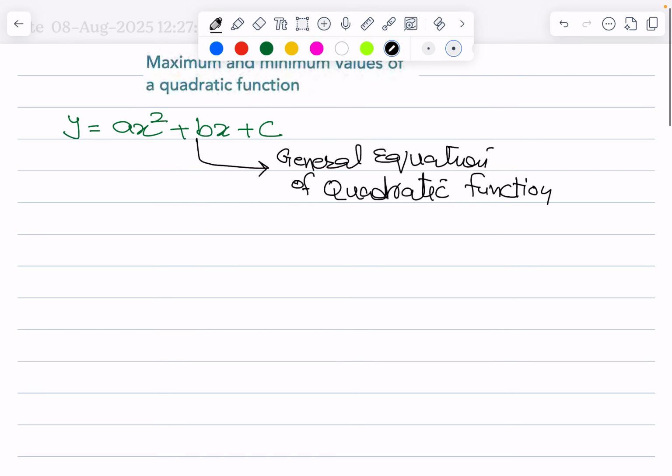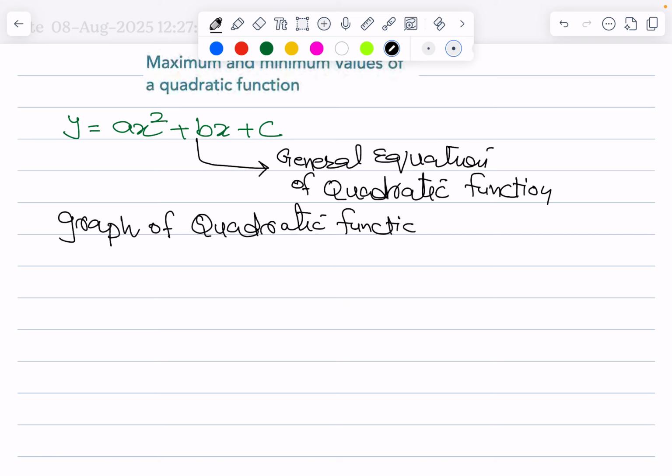So if we draw the graph of this equation, the graph of a quadratic function is called a parabola.